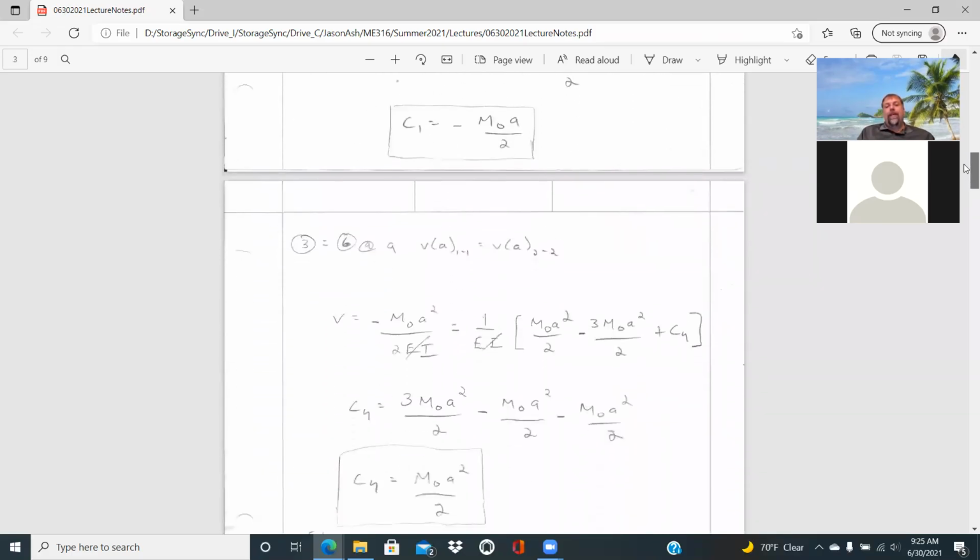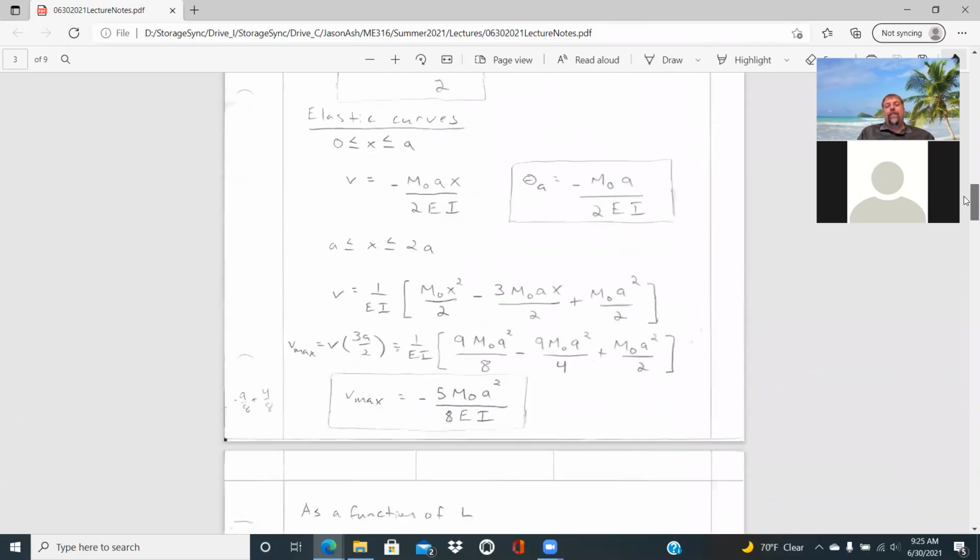And so then it's just a matter of plugging those back in to evaluate the elastic curves. And so that displacement over that first section is just a minus M0 a x over 2EI. And then theta of a is equal to a minus M0 a over 2EI when you plug that back in for dv dx.